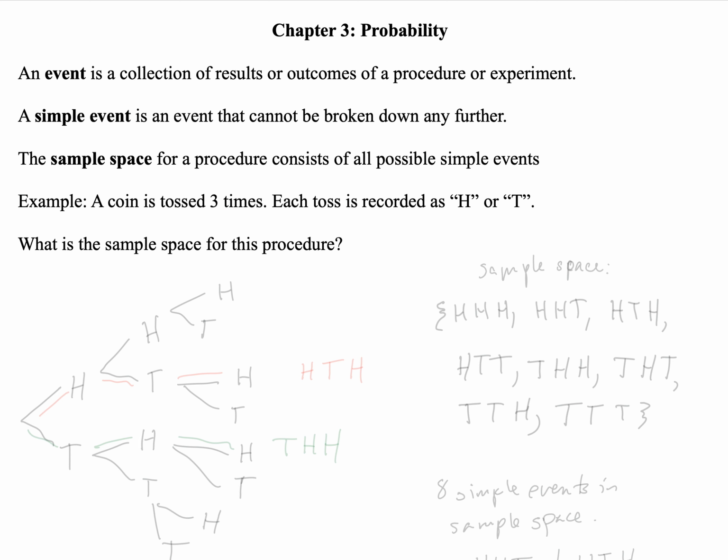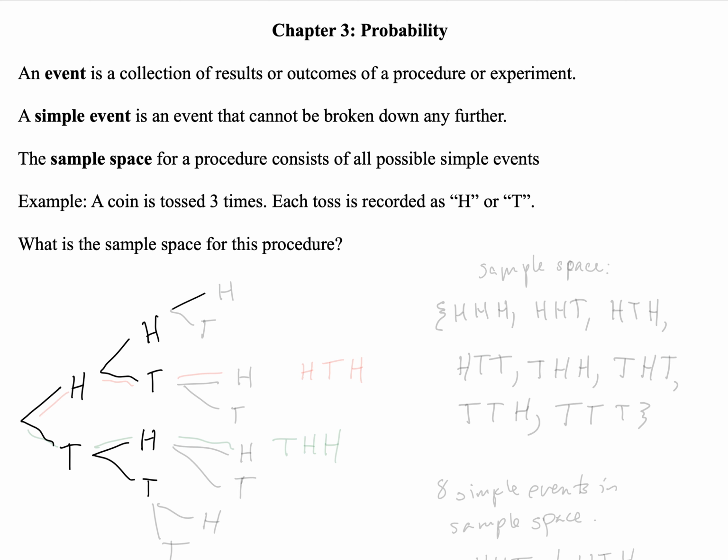So one way we can visualize that is by thinking about a tree diagram. Our first toss can either be a head or a tail. Our second toss, well, after it was a head, it could be a head or a tail. And after it was a tail, it could be a head or a tail.